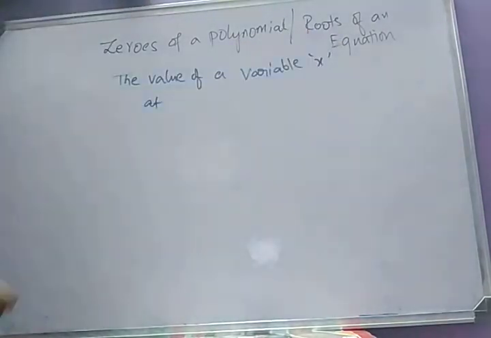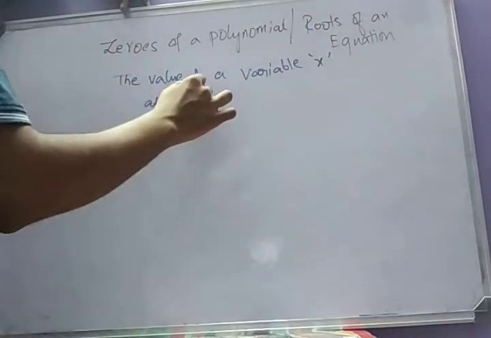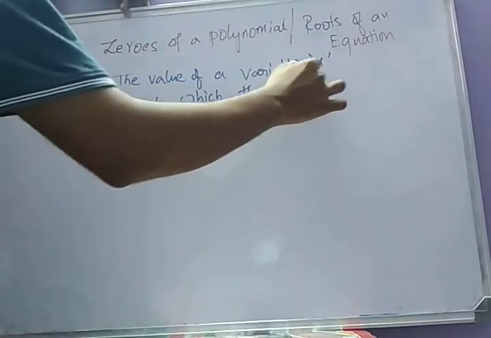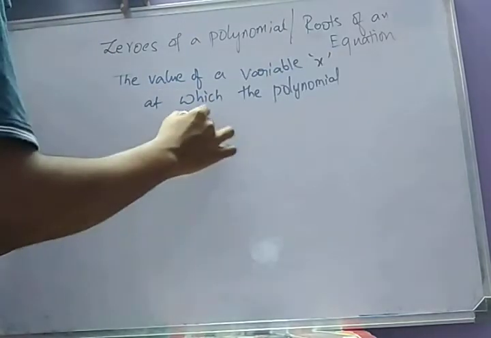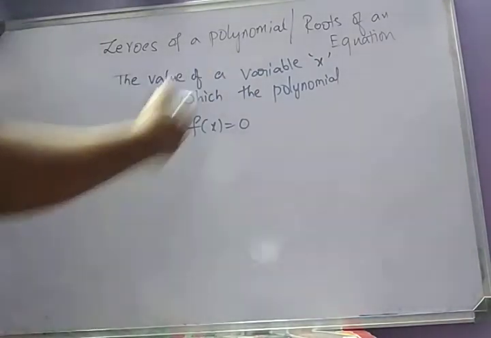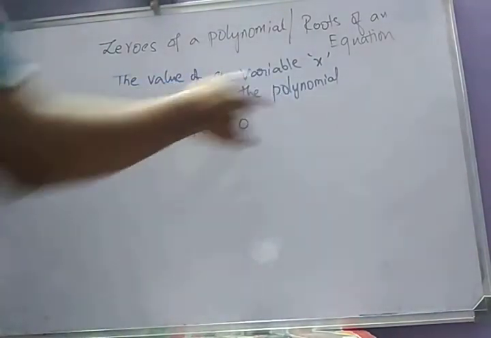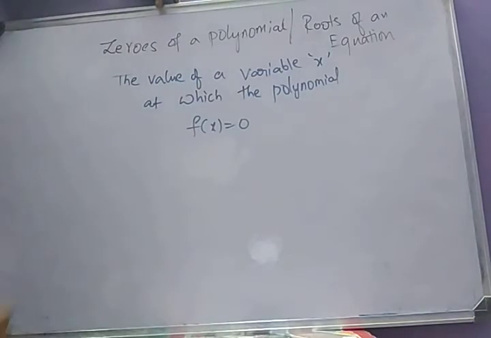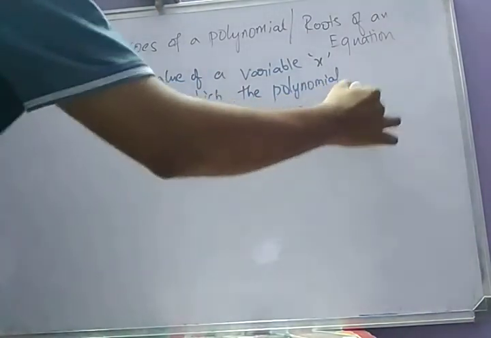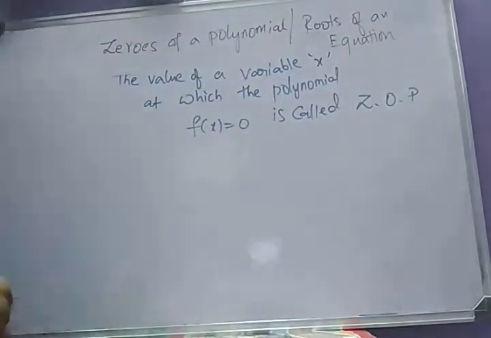The value of the variable x at which the polynomial f of x is equal to 0 is called a zero of a polynomial. Zero of a polynomial.